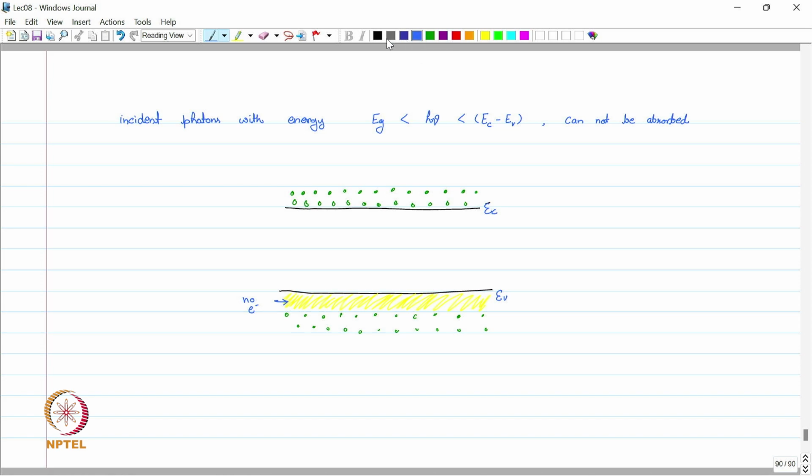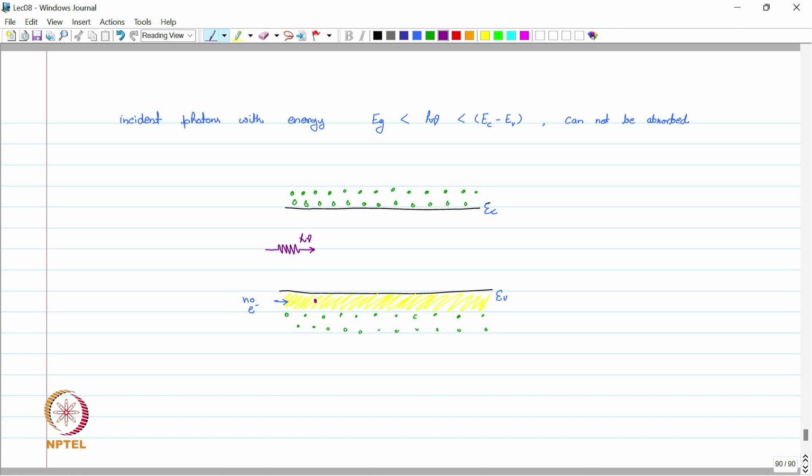Now one photon is coming from the left. Now this photon cannot be absorbed if the energy of this photon is higher than Eg but lesser than Ec minus Ev, because to absorb this photon, an electron needs to be present here somewhere so that it can jump from the valence band to conduction band and absorb this photon.